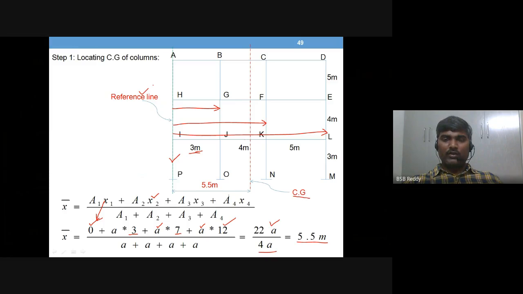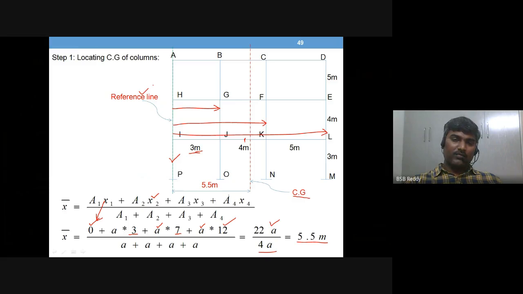So it is in the middle bay, to the right of the center of the middle bay. This is the center of the middle bay, meaning 2 meters and 2 meters. So 0.5 to the right of it: 5.5 meters, 3 plus 2.5.